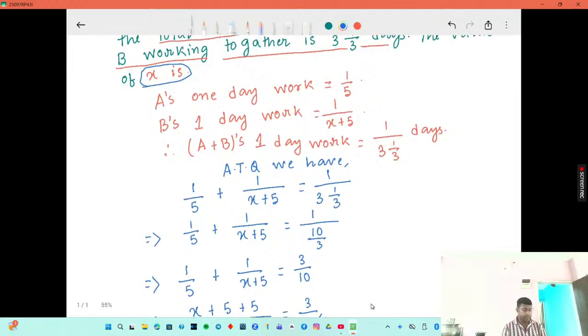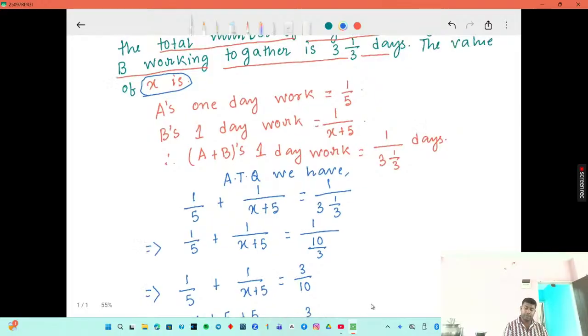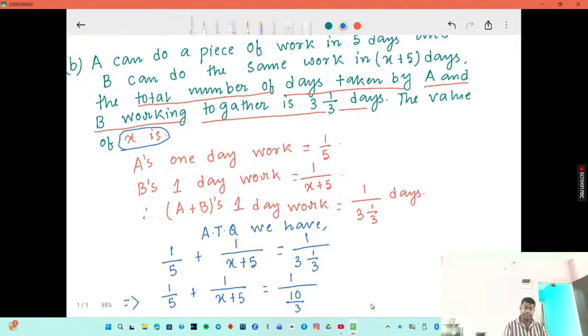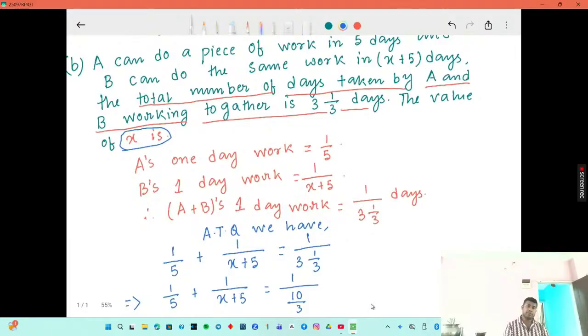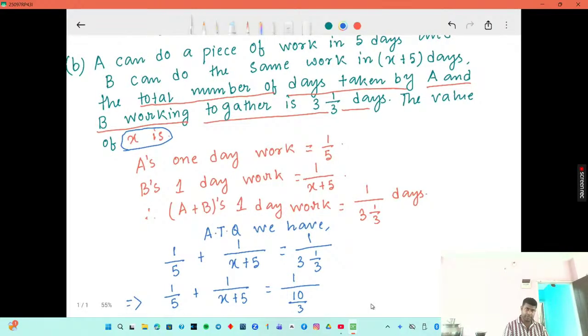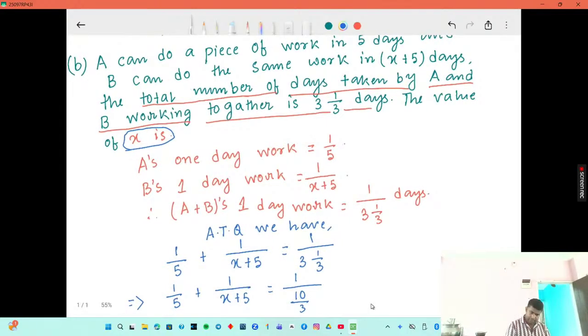The total time taken by B to complete this work is 10 days. Why is it 10 days? Because in the question it is given that B can do the same work in x plus 5 days.